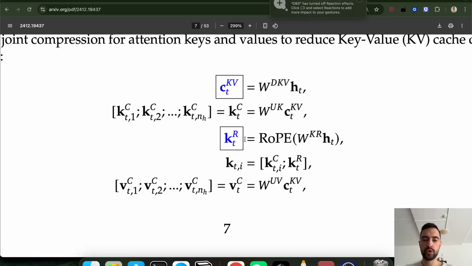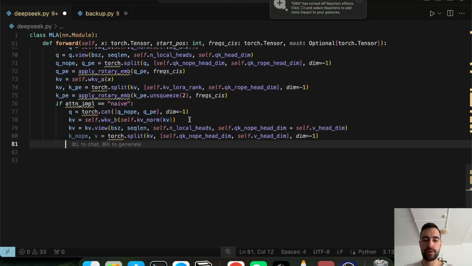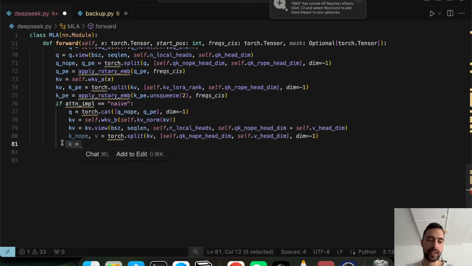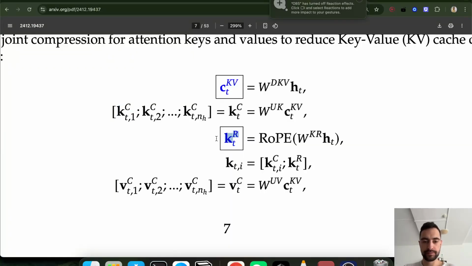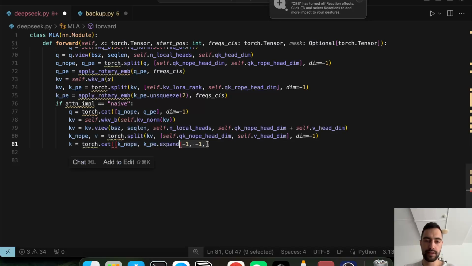Next, we want to append this head that contains rotary position information to each of these heads. So first we will need to expand its dimension so it matches, and then we will just append it to every one. So let's see how we do it. K is equal to torch concatenate. We have the nope heads and this head, and we need to expand it with 0 0 -1 -1, sorry.